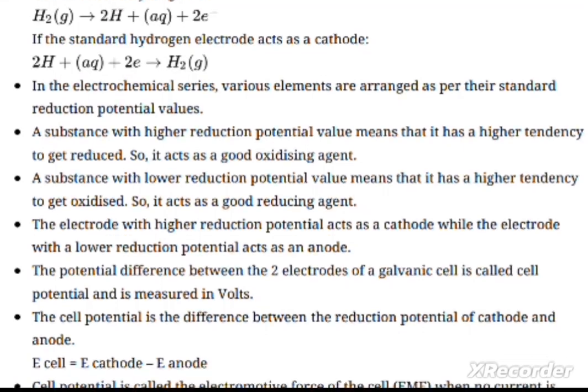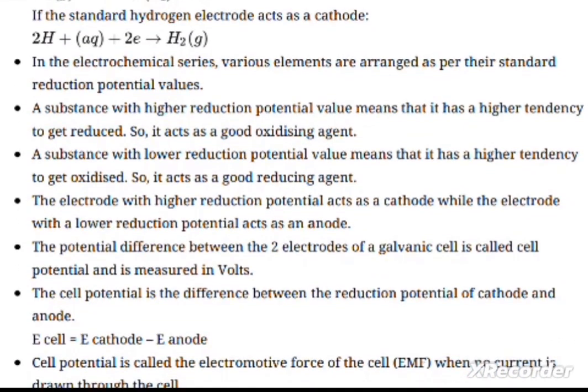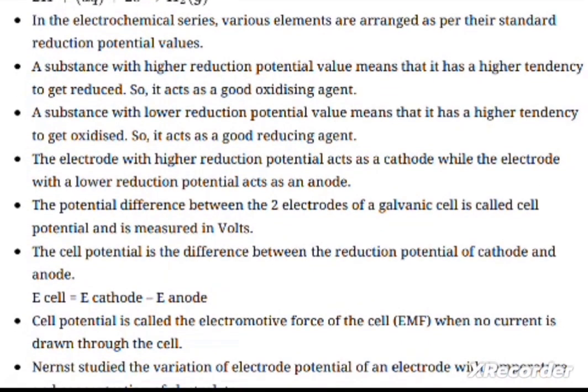Next one, in the electrochemical series, various elements are arranged by their standard reduction potential value. A substance with a higher reduction potential value has a higher tendency to get reduced, so it acts as a good oxidizing agent.